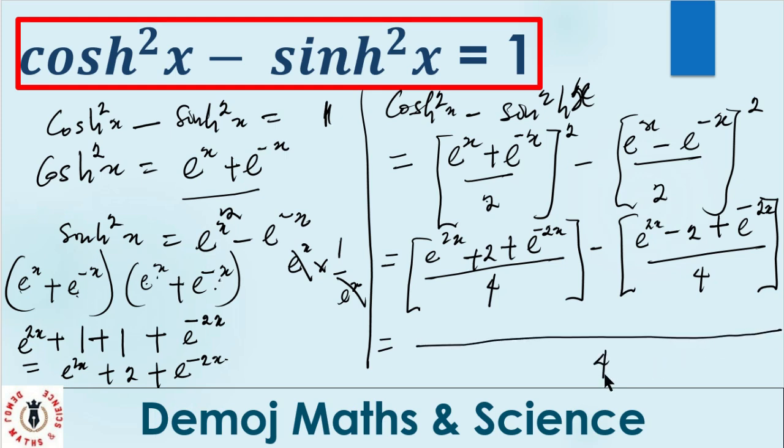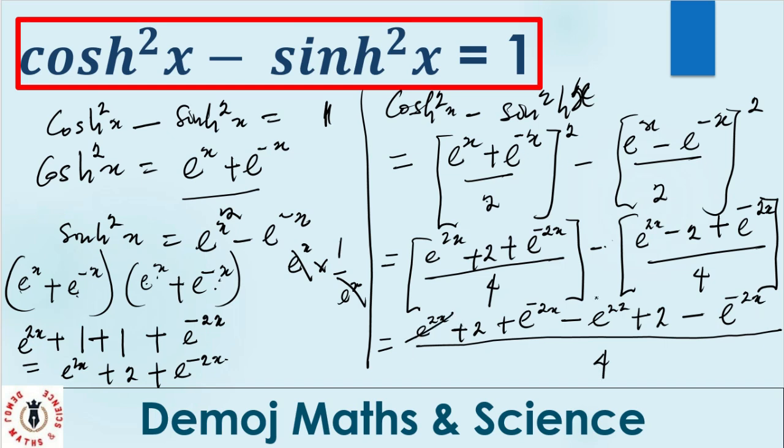Here I will have a common LCM of 4. This will be e raised to power 2x plus 2 plus e raised to power minus 2x minus e raised to power 2x. I'm expanding this with the negative sign. Minus times e raised to power 2x becomes negative e raised to power 2x. Minus again times negative 2 becomes plus 2, minus e raised to power minus 2x.